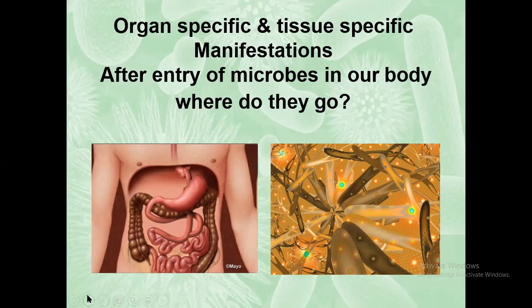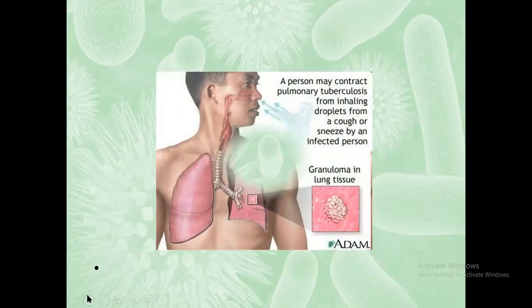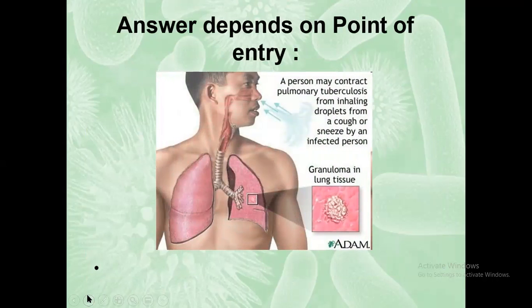So some microbes will enter a particular organ of the infected person as well as a particular tissue of the infected person. For example, this condition depends on the point of entry from where these microbes enter the body.